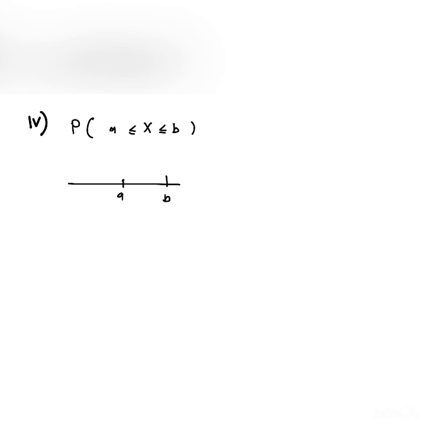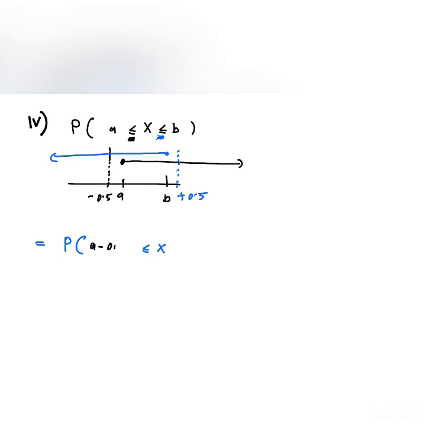We read X greater or equal to a, which goes to the right, so we have to make the correction before a, so we minus 0.5. For b, X less or equal to b goes from b to the left, so we have to do the correction after b, so we plus 0.5. So the answer for this one is probability X greater or equal to a minus 0.5, and for b, X less or equal to b plus 0.5.